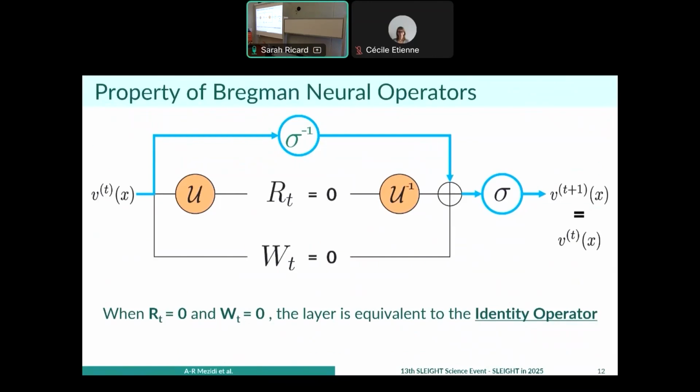I don't have this in this presentation, but we actually tried to change this skip to have no sigma inverse, just the skip from the input to the output, and we don't see the increase in performance that we see when we use this sigma inverse. So even if it's similar, we see different results from ResNet here.